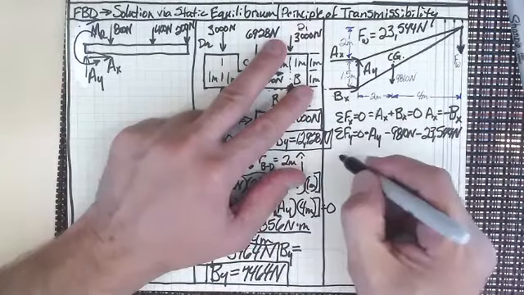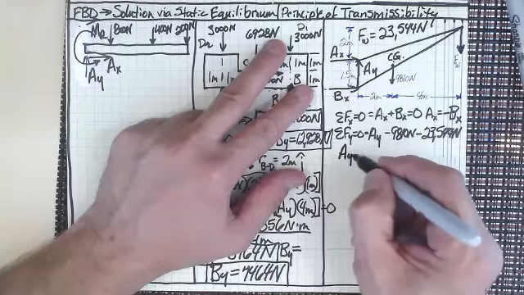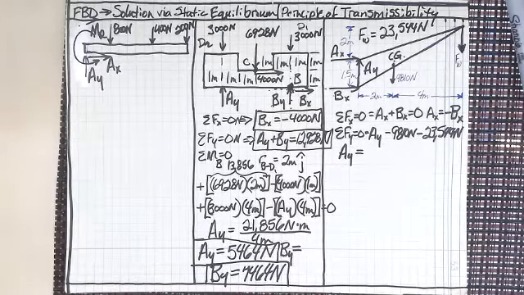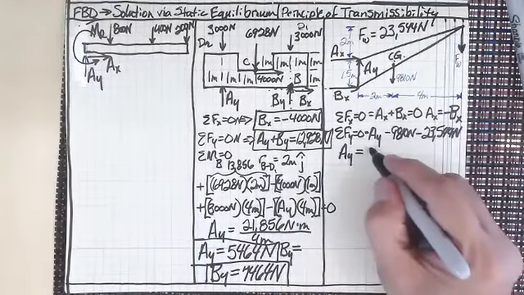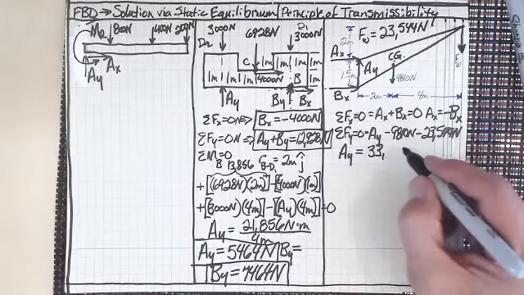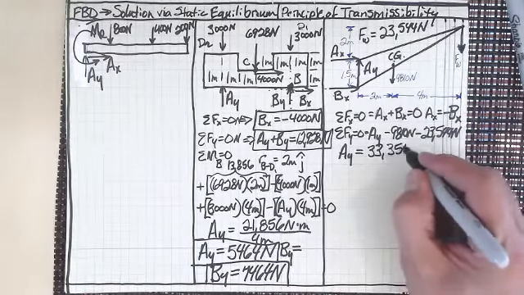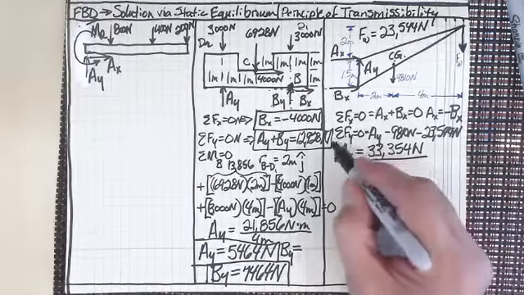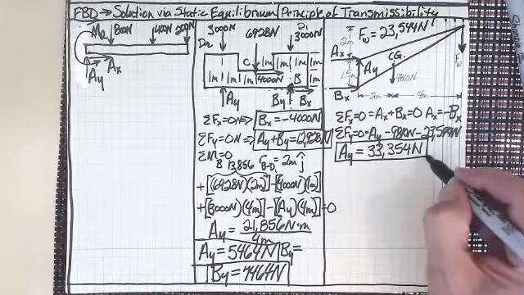So that tells us that A sub y equals 9,810 and 23,544, and that comes out to 33,354 newtons. So we know what A sub y is going to be.